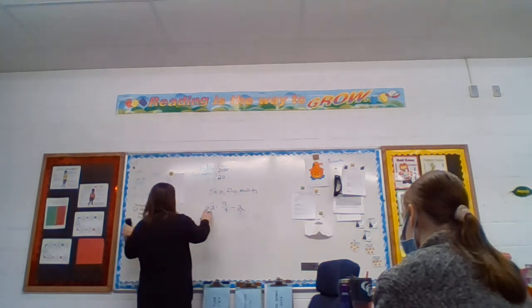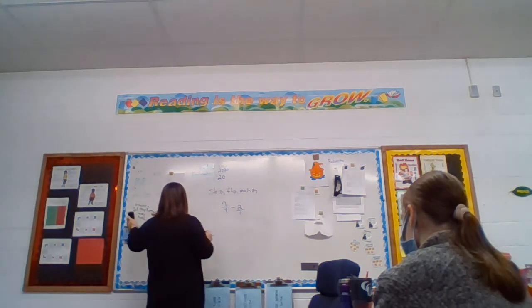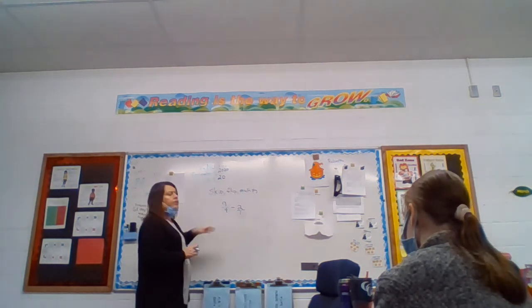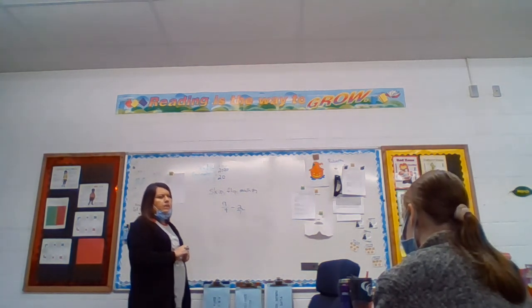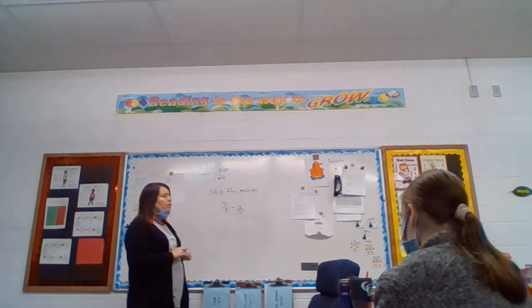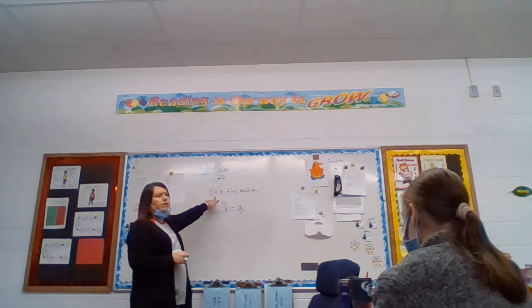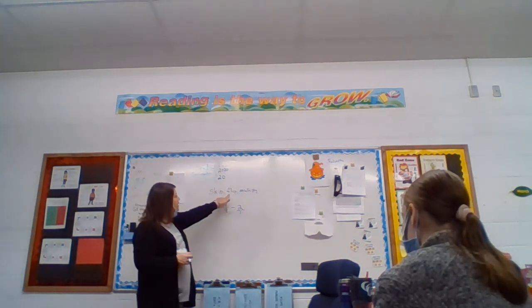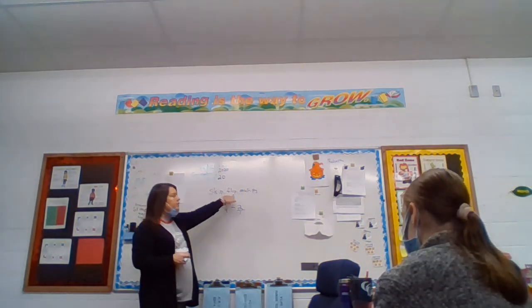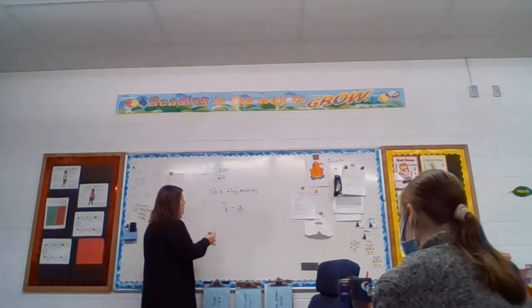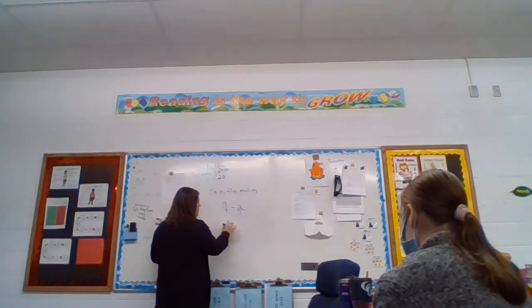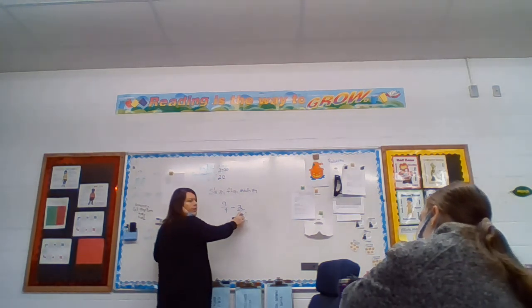So we're done with this. I'm just going to erase this for you. So what's our first step? What do we do with this number? We skip. Then our next step is, what fraction do we flip? We skip this one. So now we have to flip this one, right?